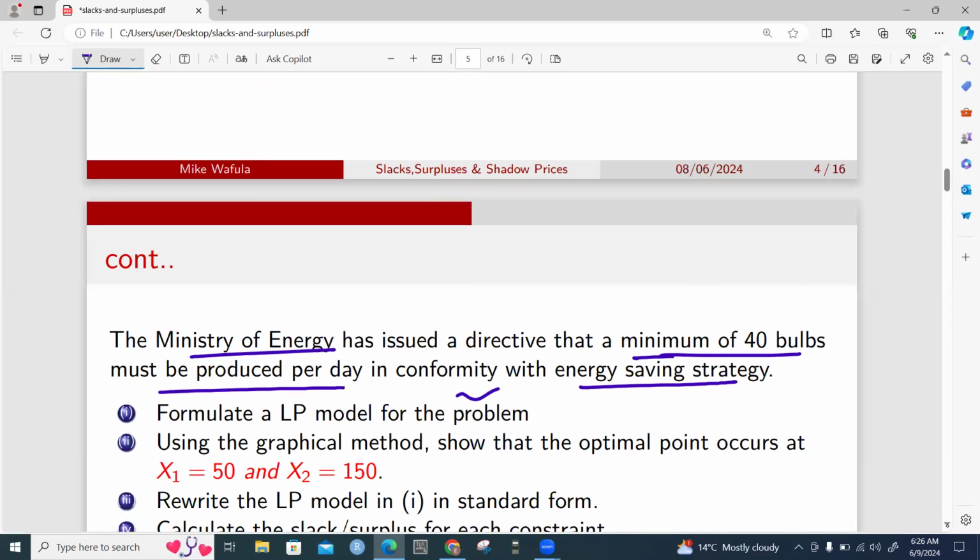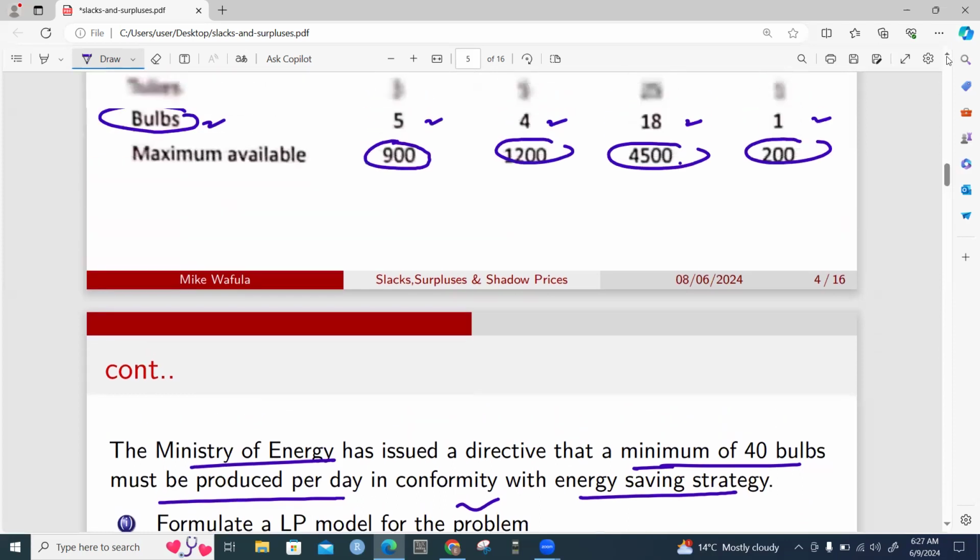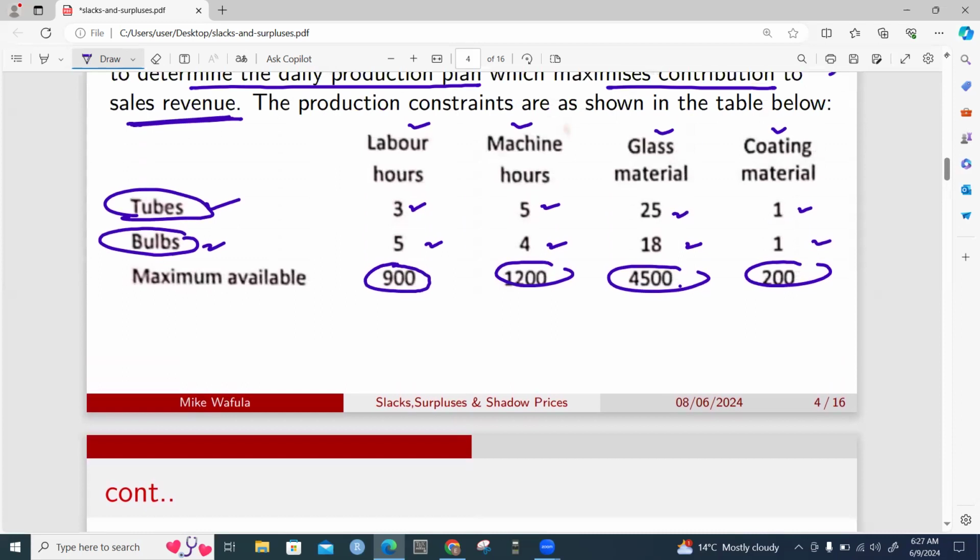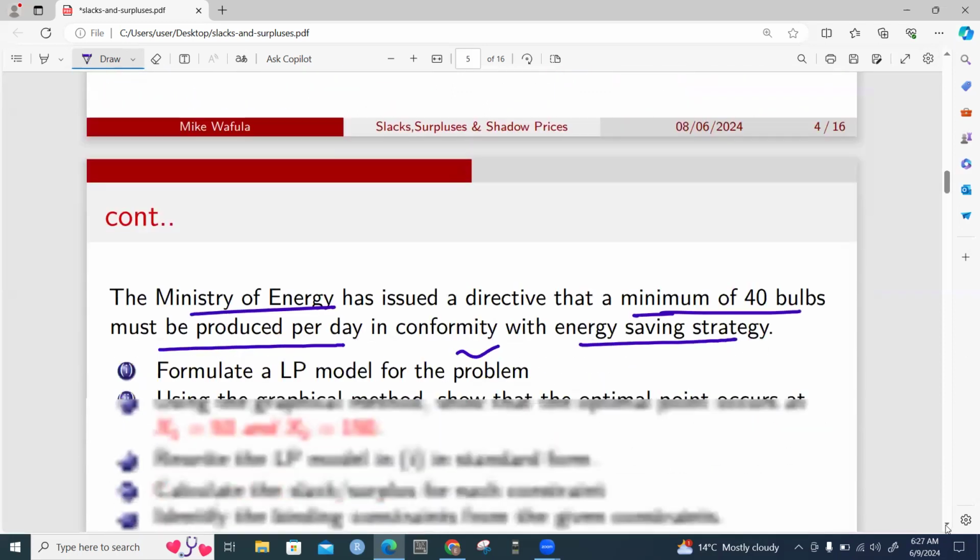And for us to do that, we have to let X1 represent the number of fluorescent tubes that have to be produced and sold, and X2 represent the number of energy-saving bulbs, so that we can formulate the objective function as well as the constraints that form the linear programming model.